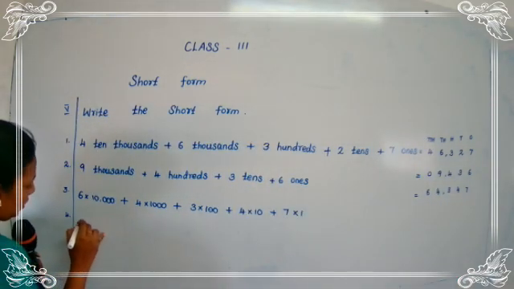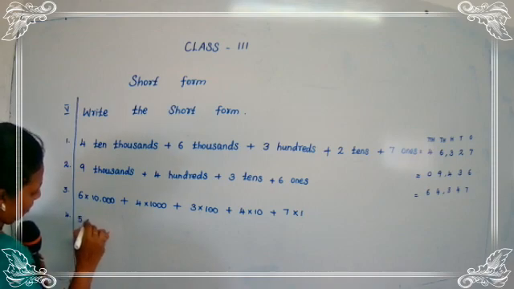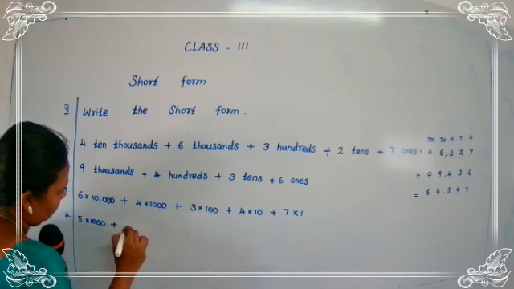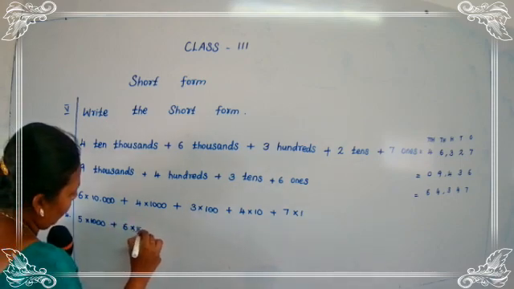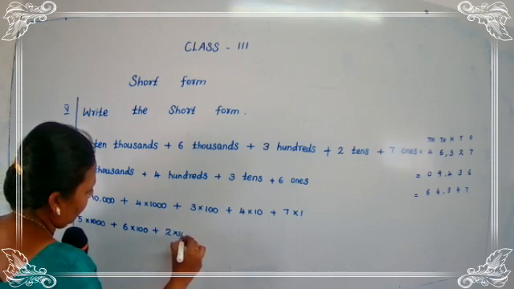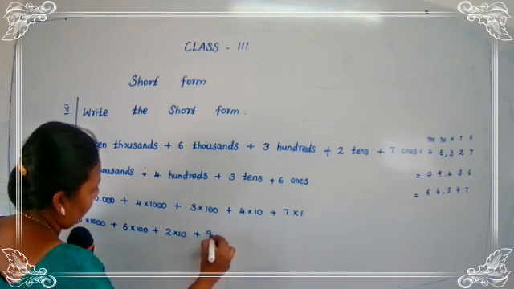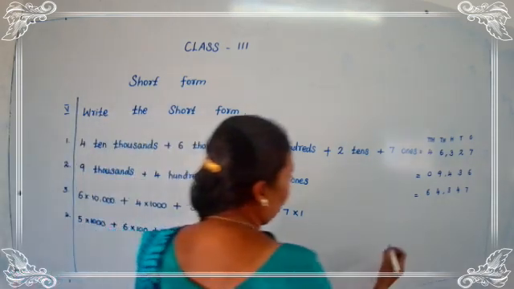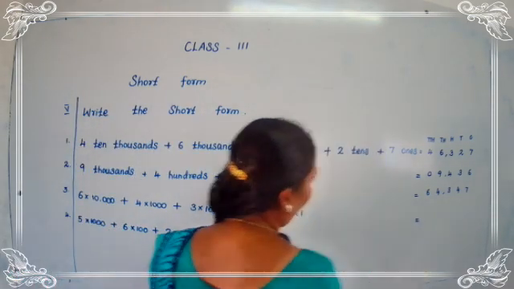See the fourth one. 5 multiplied by 1,000 plus 6 multiplied by 100 plus 2 multiplied by 10 plus 9 multiplied by 1 is equal to.